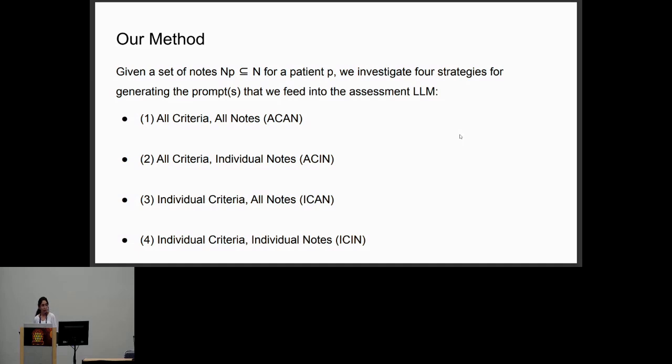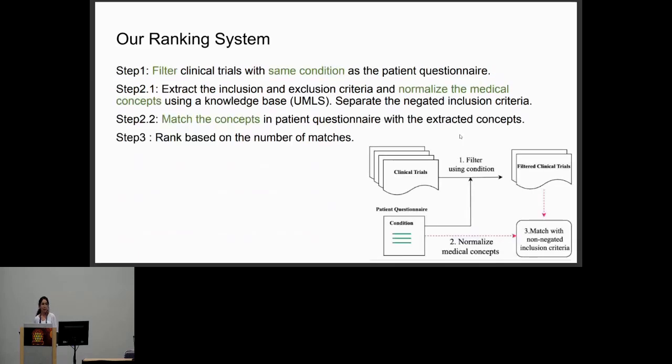After identifying possible inclusion and exclusion and possible matches, we go through the ranking system. Our ranking system starts by filtering the clinical trials that have the same condition as the patient, and then extracting the inclusion and exclusion criteria by using those UMLS concept IDs that we extracted before.